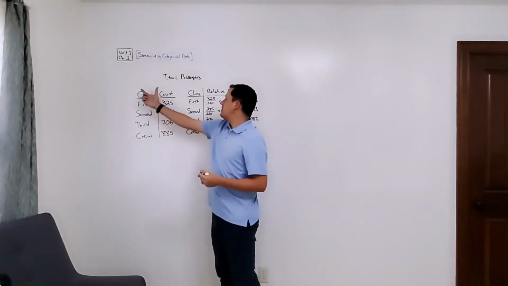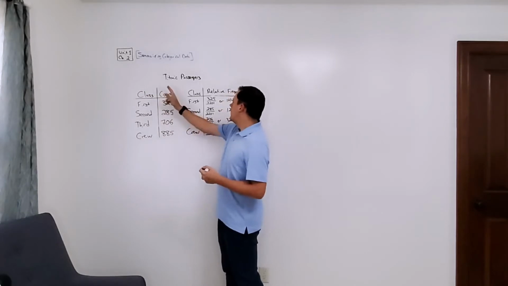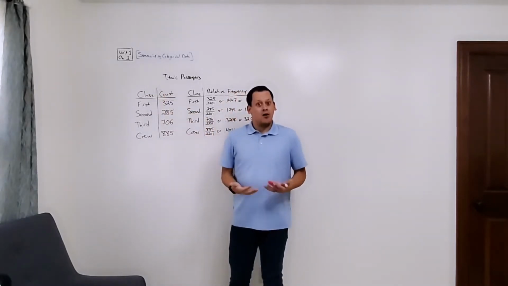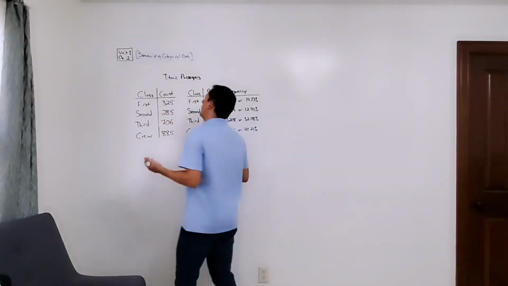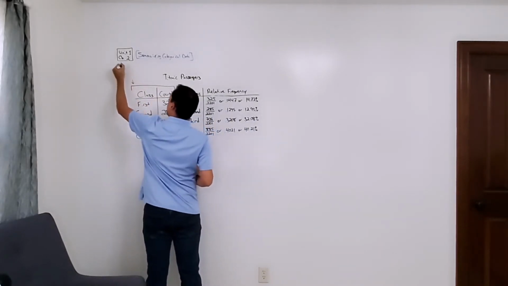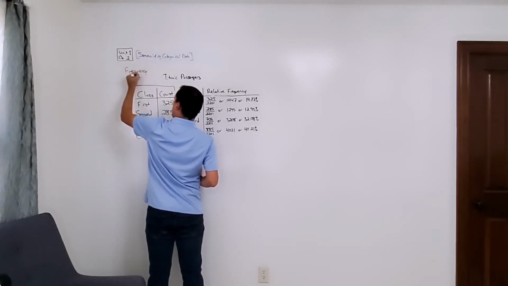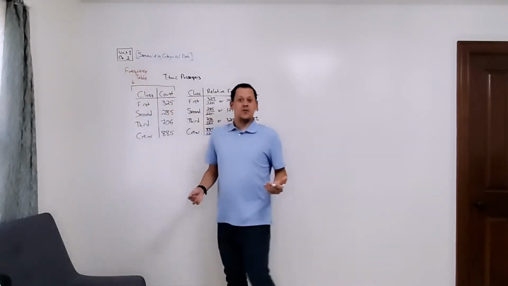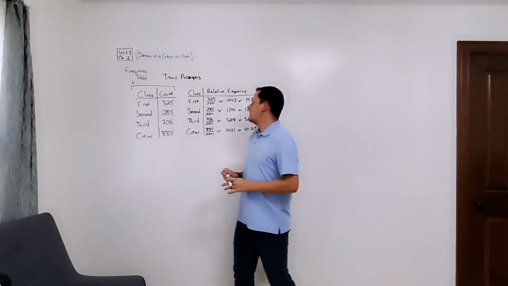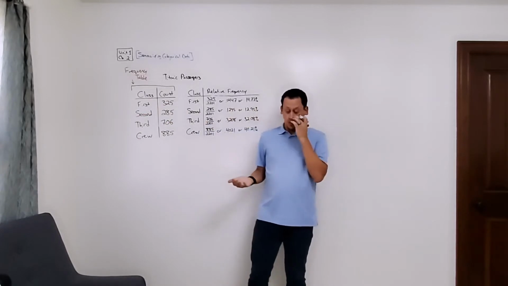And if we've got the values of the variable, the classes, versus how many are in each group, this is called a frequency table. Okay? It essentially tells you the frequency of the number of individuals in each group.